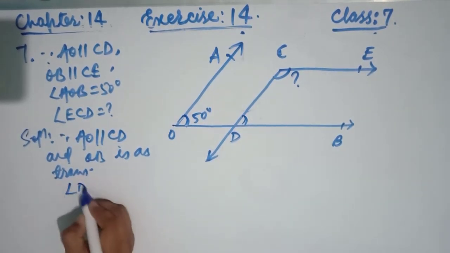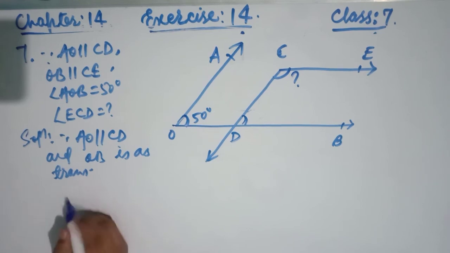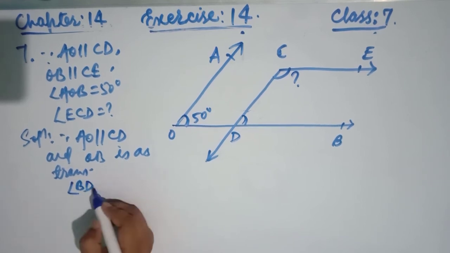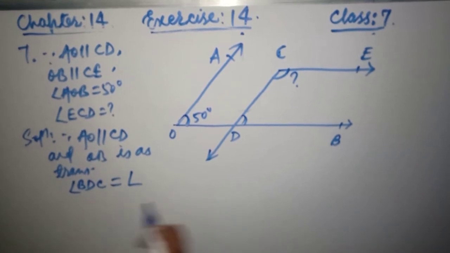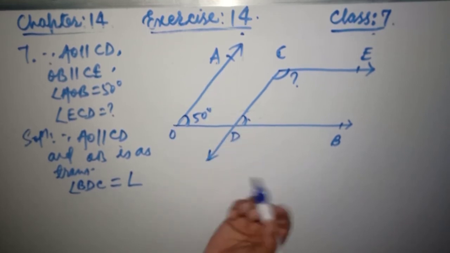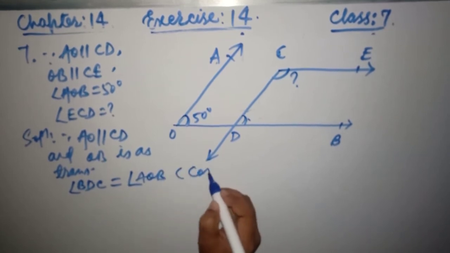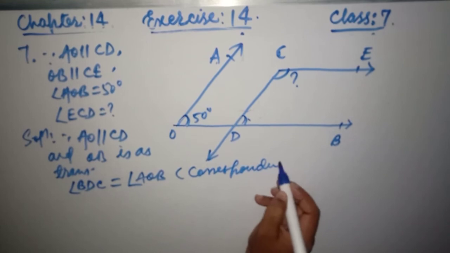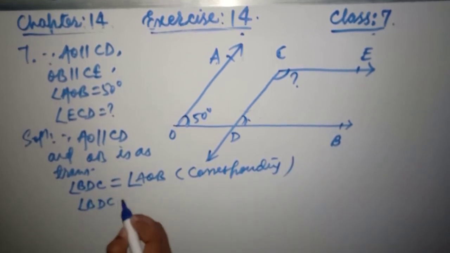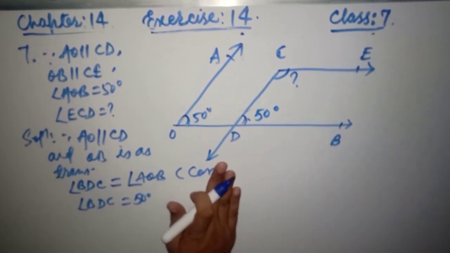We can say friends angle D, meaning angle BDC, is equal to angle AOB. Reason, corresponding angles. So angle BDC is equal to 50 degrees. Now friends, this angle becomes 50 degrees. Now we can move to the next line friends.